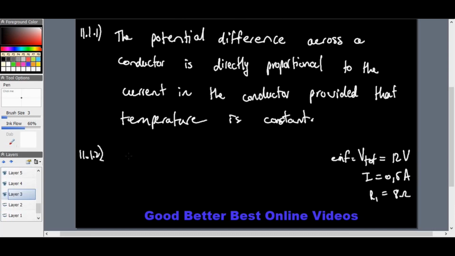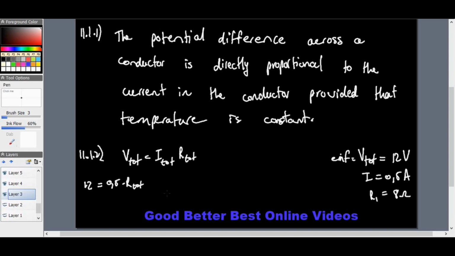Okay, so what we could use is the same formula that we use here in the definition, that V total is equal to total current times total resistance. So the V we got here was 12, so 12 is equal to 0.5 times R total.